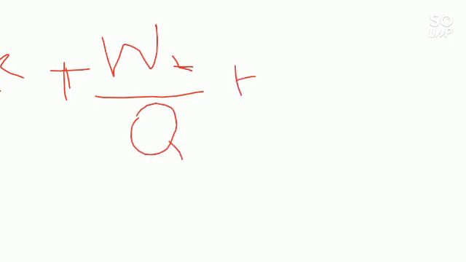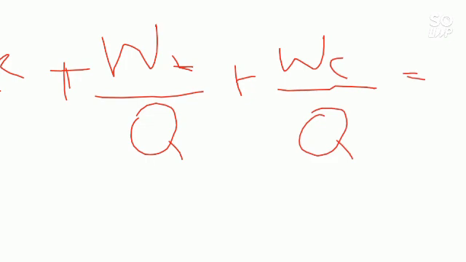For VR I can write W of R divided by Q, plus W of L divided by Q, plus W of C divided by Q, is equal to the total work done divided by charge.